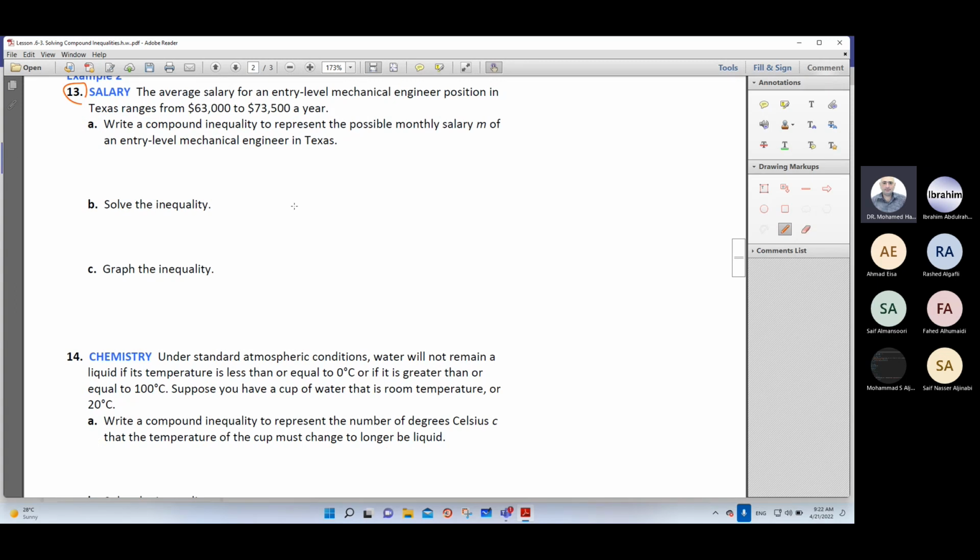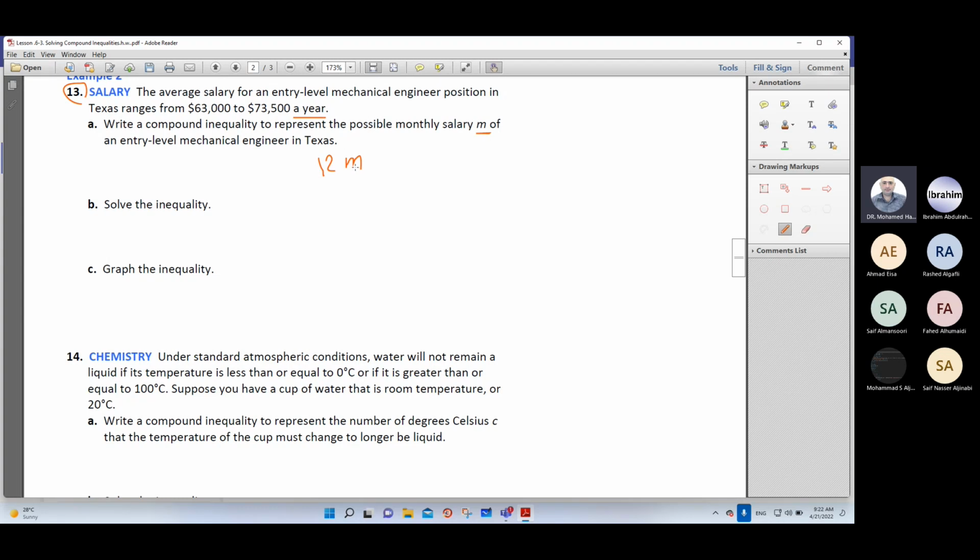Okay, listen to me. As you see here, monthly salary M. And here we have a year. What's the meaning of a year? How many months in the year? 12. So we have 12 months in the year.